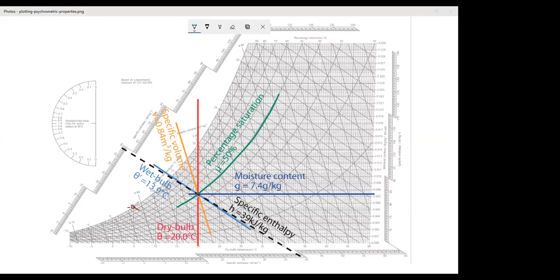Then going down to check the value for the dry bulb, what do we find? 5 also. So the inclined line represents 5 and the vertical line represents 5. So the inclined line represents wet bulb temperature.